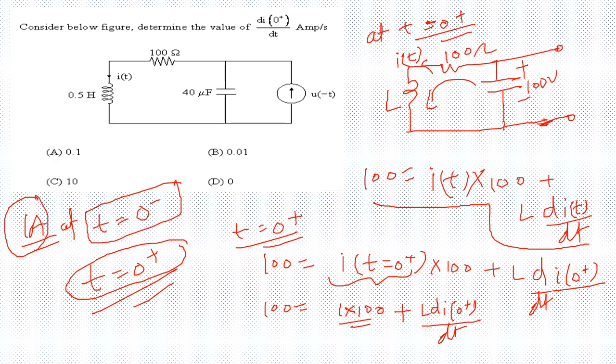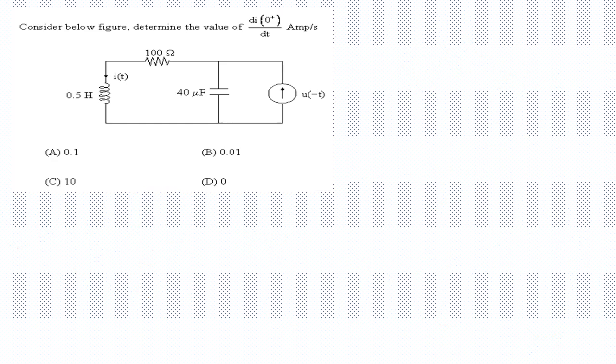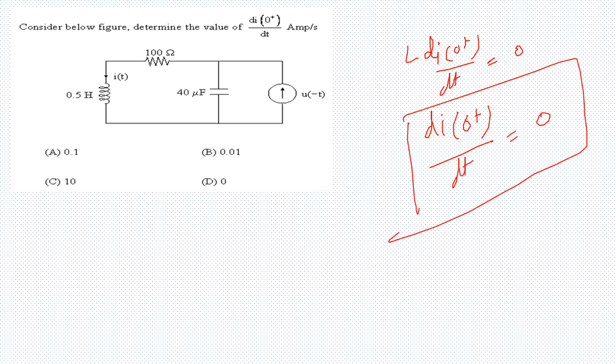Now this and this are the same, so L di of 0 plus over dt is 0. This implies that di at 0 plus over dt is going to be 0. So option D is correct.